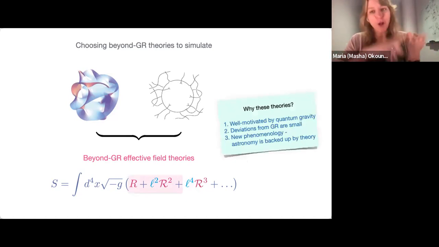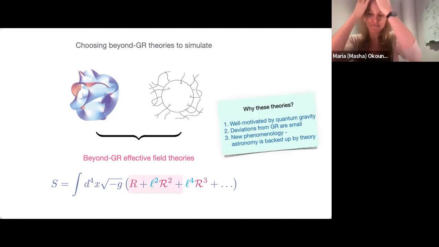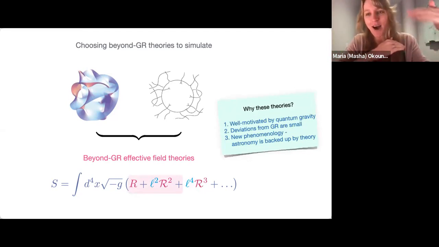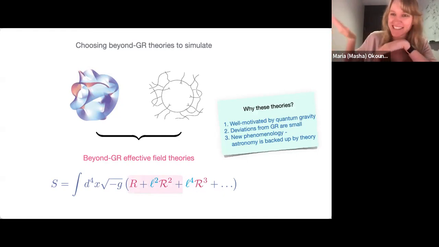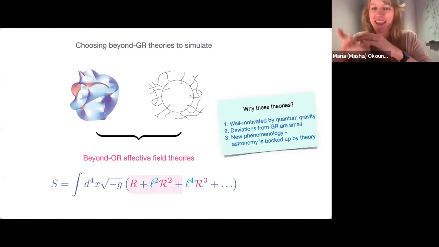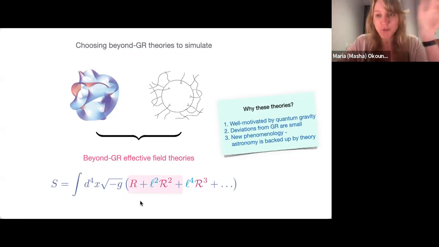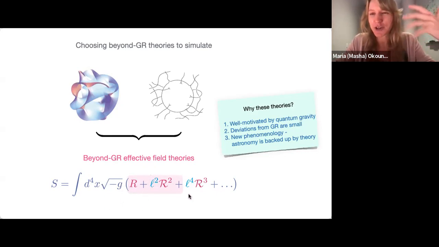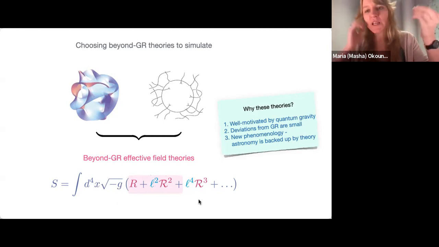Well, first, they're well motivated by beyond GR physics. There are wonderful review papers that talk about the theories we're going to discuss and how they relate to high energy physics. Deviations from general relativity are small in this case. You do include the Einstein-Hilbert action here, but the fact that these are high curvature terms means that they really only become important in high curvature regimes.